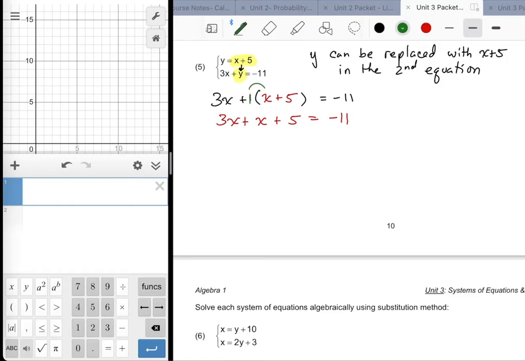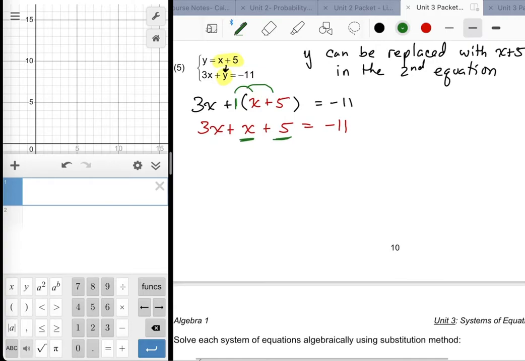If you distribute that 1, you get no change. It still ends up being a positive x and a positive 5. Either way, we still have that understood 1 in front of the x. 3x plus 1x is 4x. 4x plus 5 is equal to negative 11.